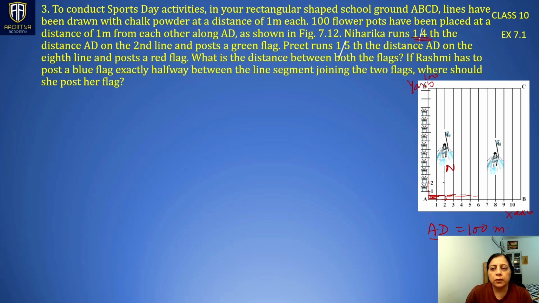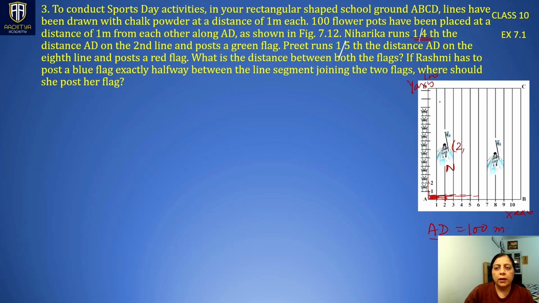And Niharika is running on the second line on the x-axis. So if we find the coordinates for Niharika, on the x-axis, she is running on the second line. So x becomes 2.